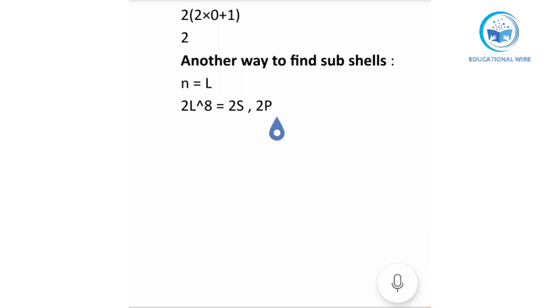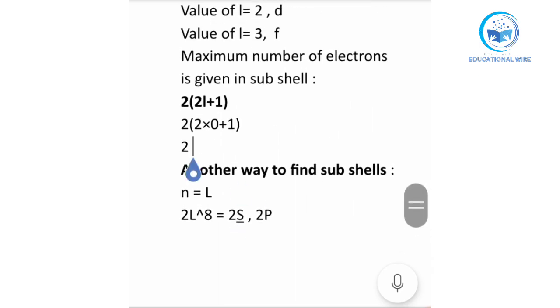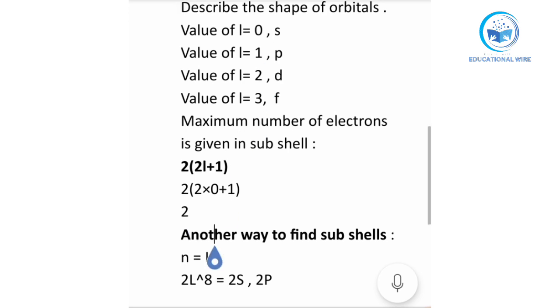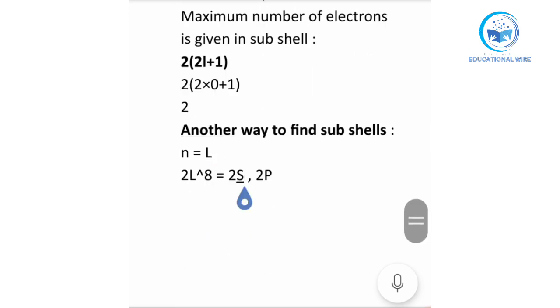Now we know how many electrons there are. For L equal to 0, the S subshell has 2 electrons, so we give 2 electrons to this: 2s2.